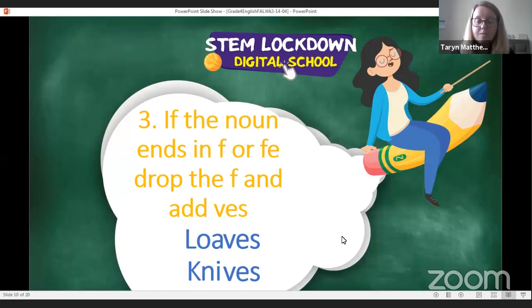So now it becomes knives. So I have more than 1. So now I can share my knives with everyone. I see some people even gave more examples. Nice. I had life becomes lives. Very nice.